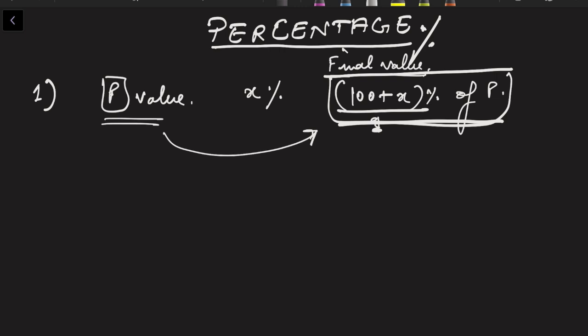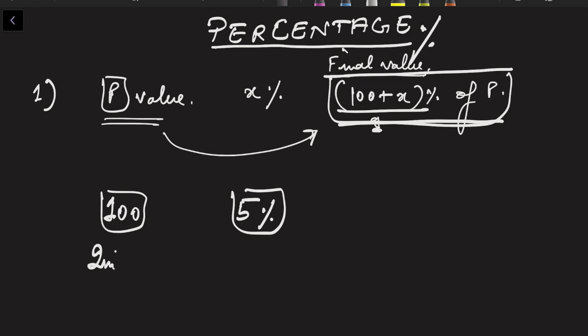Let us suppose the P value is 100. This is our initial value, and I tell you that it has been increased by 5%. This is the rate of increment.